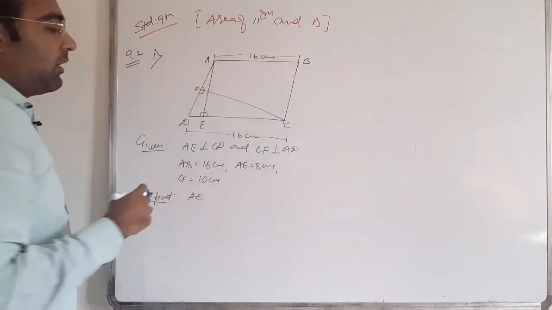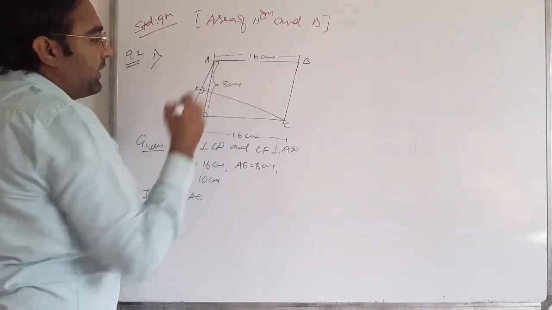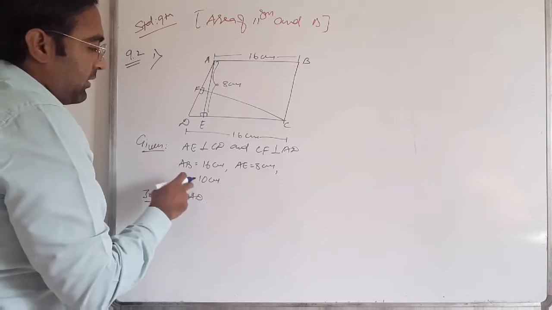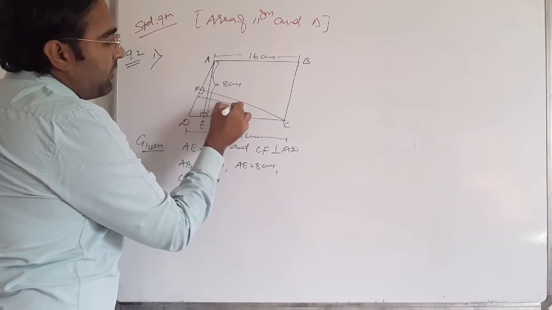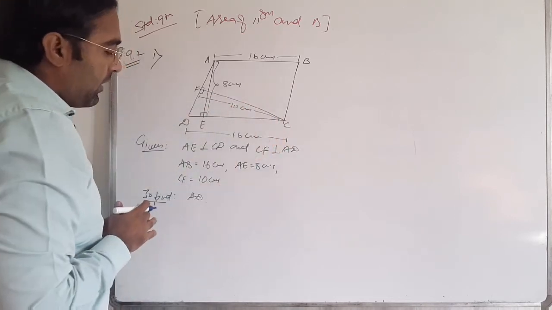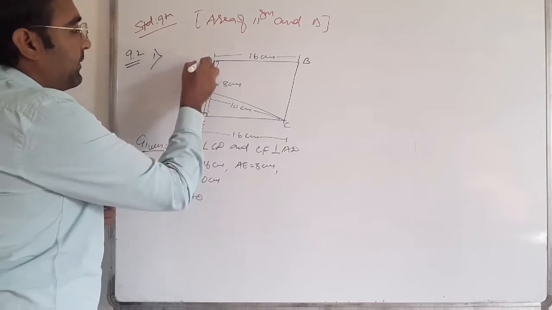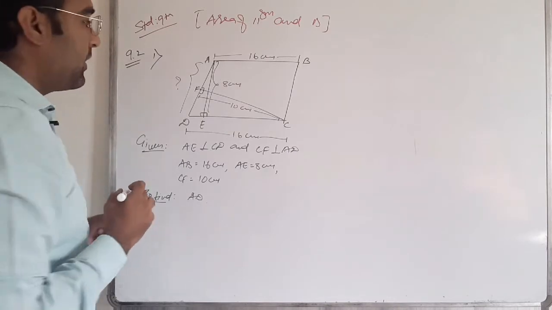Second thing, AE equal to 8 centimeter. Third, CF is 10 centimeter. And we have to find the measurement of AD.